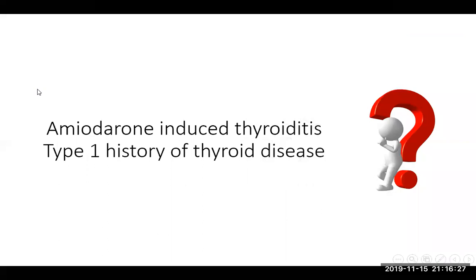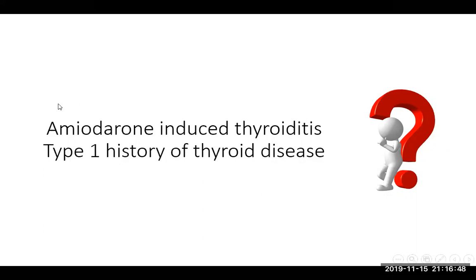This is a very repeated question: amiodarone-induced thyrotoxicosis, type 1 and type 2, how to differentiate and how to manage. You must expect at least 2 questions about amiodarone-induced thyroid dysfunction in every exam.